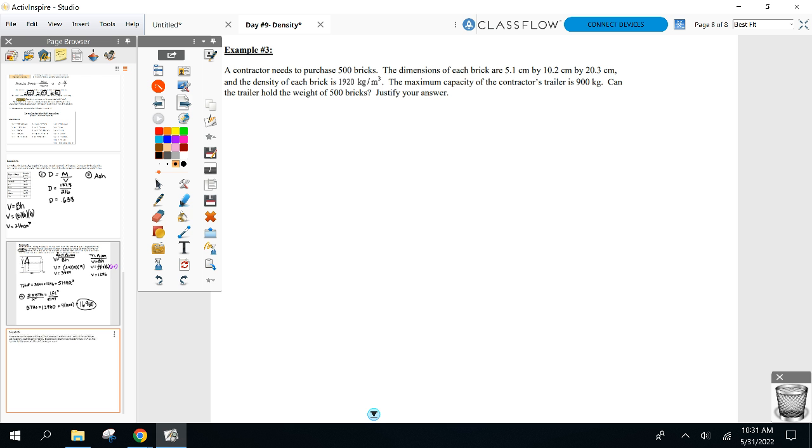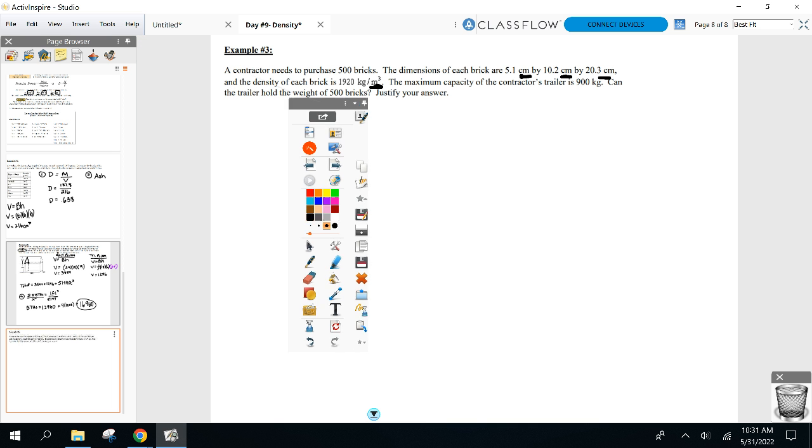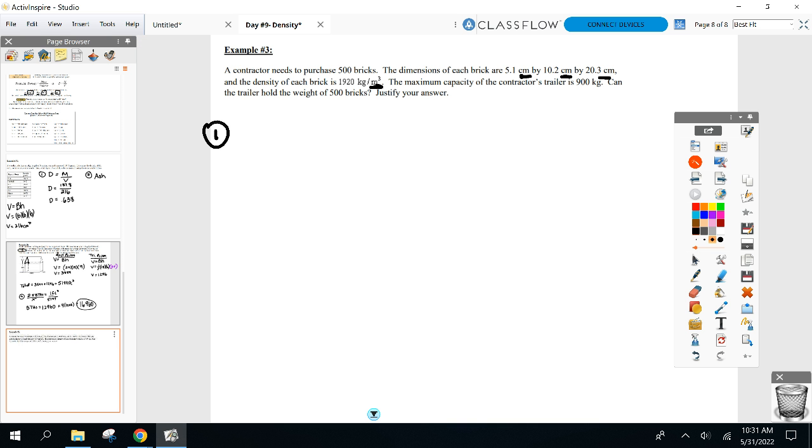We notice density does not match the object's measurements, so we have to change it. Hey, and I'm serious, you have to change it at the beginning. You cannot find the volume and change it. It's not going to work. You got to change it at the very beginning. So here's our first. 1 meter equals 100 centimeters.